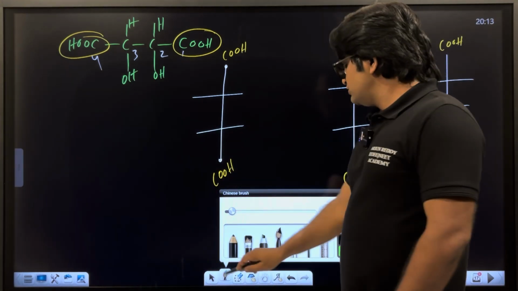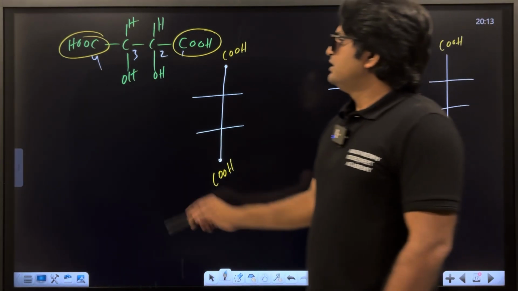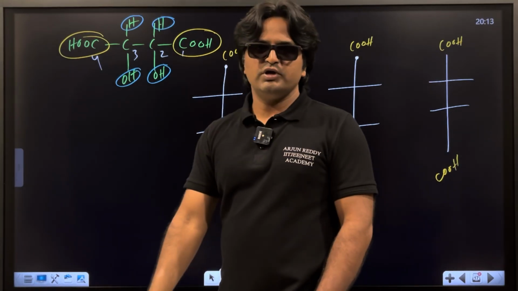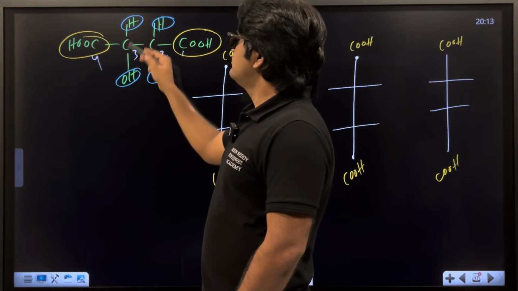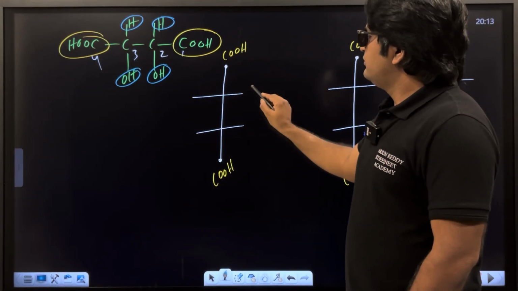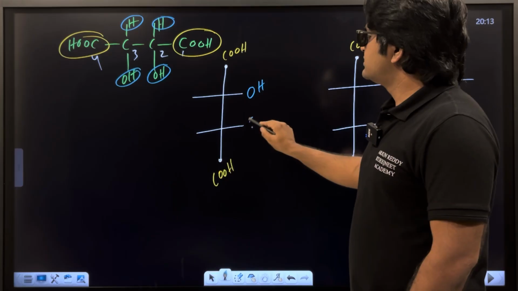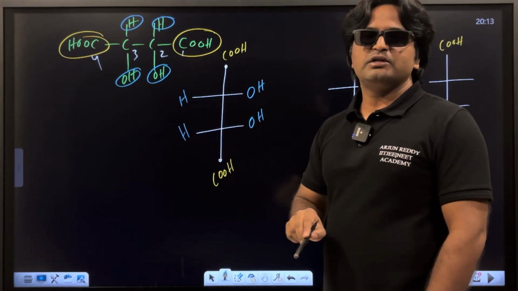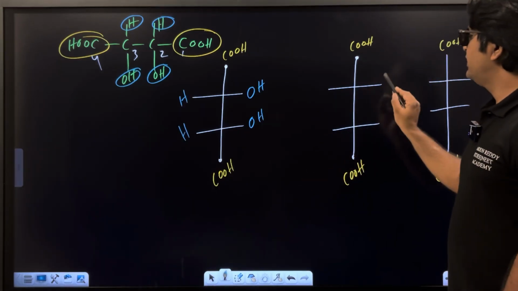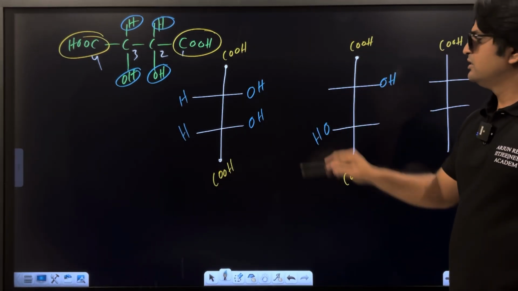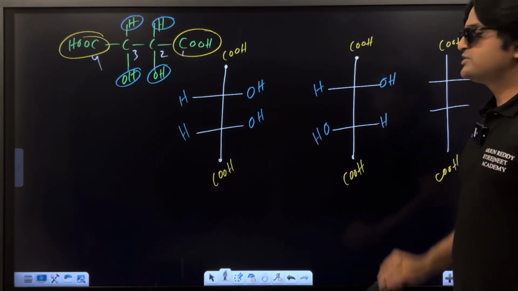Next, what about substitution at other carbon atoms? Here we have H and OH, again here H and OH, OH, H, OH and H. For example, if you are taking 2 OH groups right side, then by default left side hydrogen atoms are there. For example, if you want to take 1 OH here right side, 1 OH left side, then remaining hydrogen atoms are there.